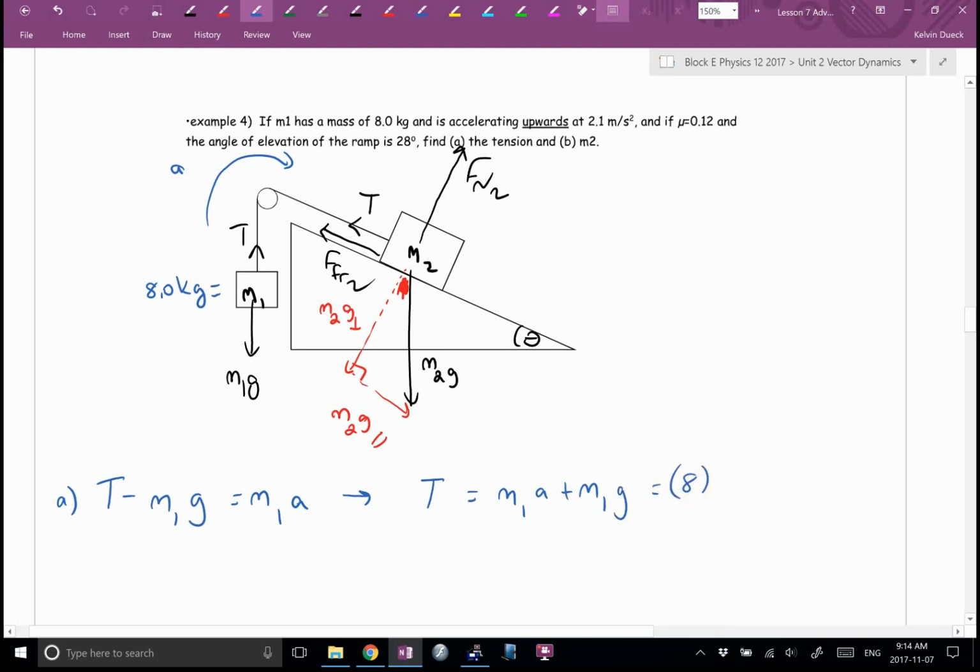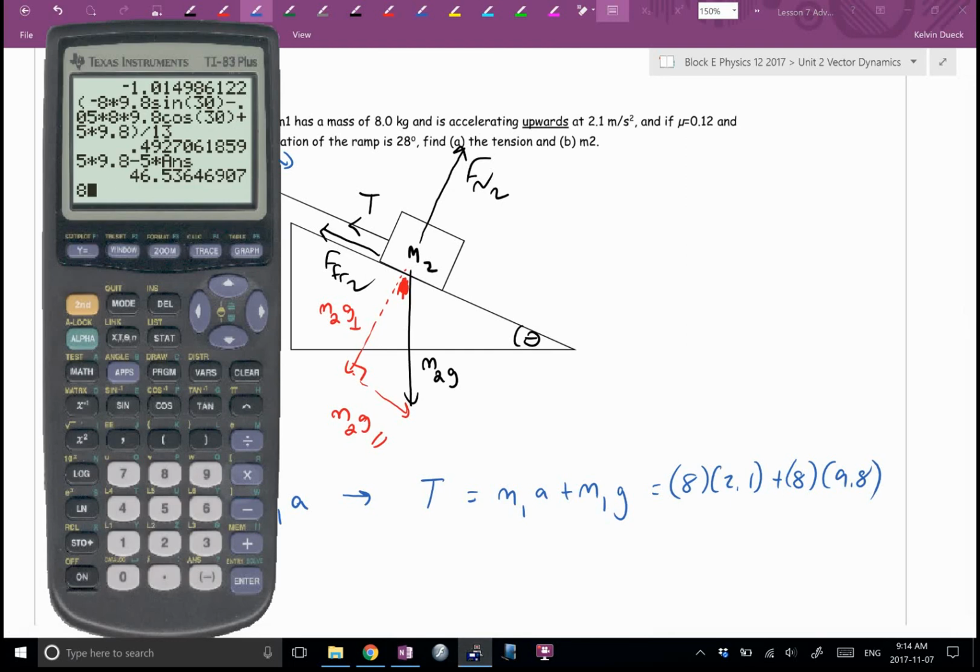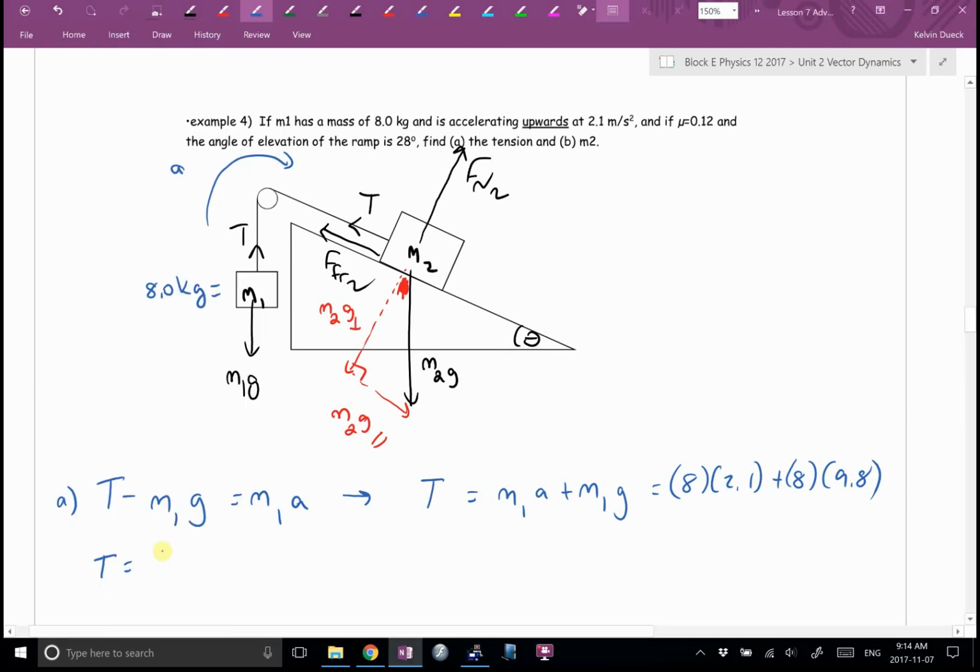They told me 8.2.1 plus 8, 9.8. You get 95.2 Newtons.